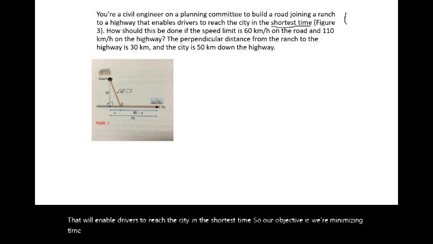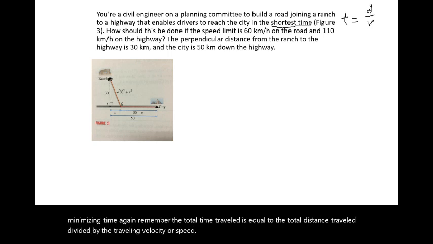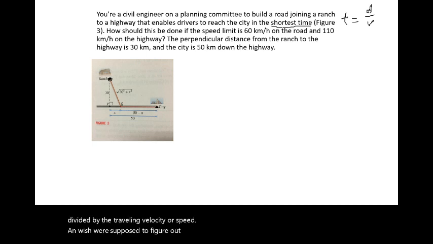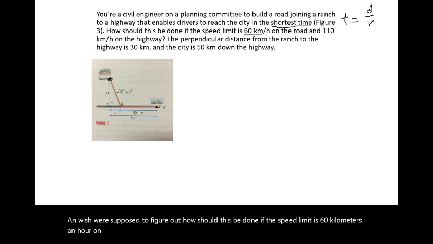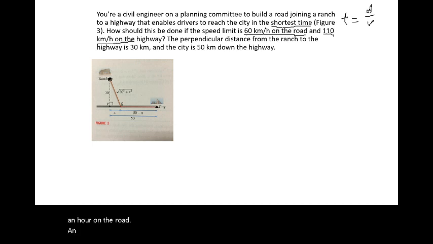Remember, the total time traveled is equal to the total distance traveled divided by the traveling velocity or speed. And we're supposed to figure out how should this be done if the speed limit is 60 kilometers an hour on the road and 110 kilometers per hour along the highway.